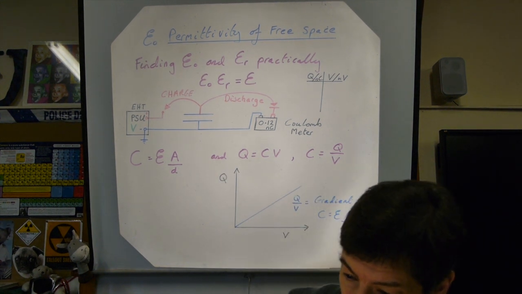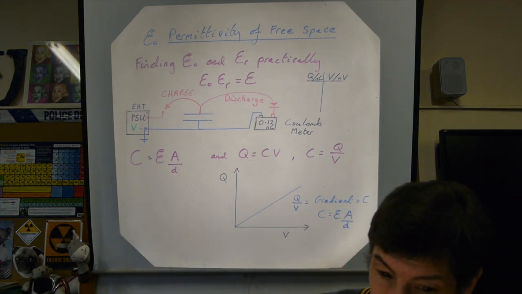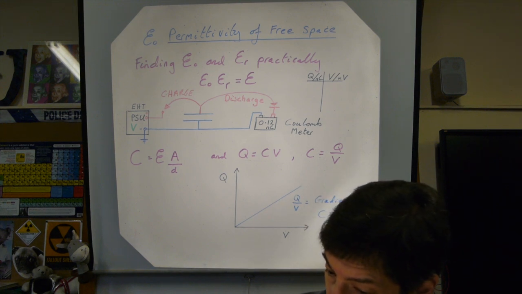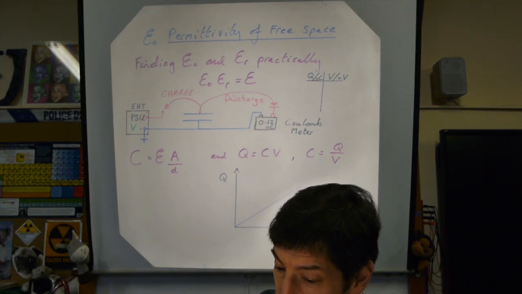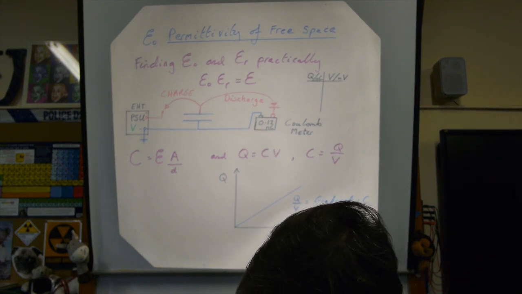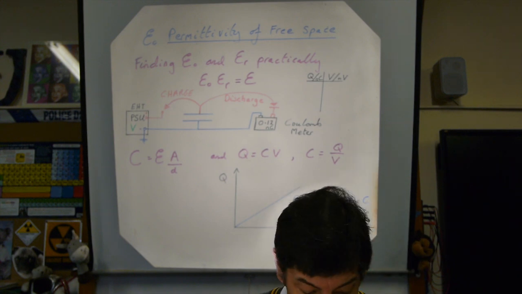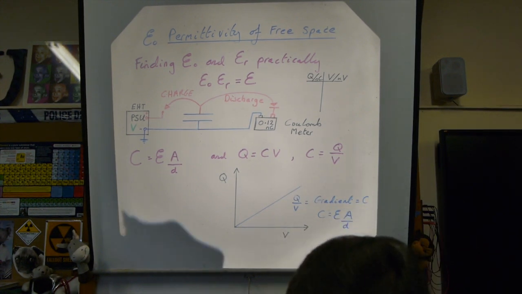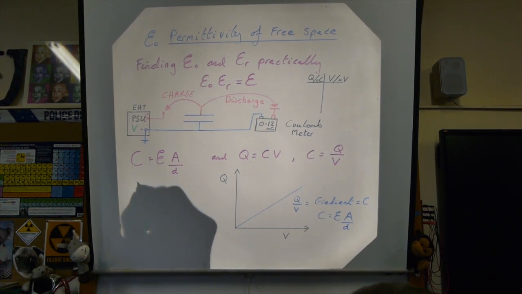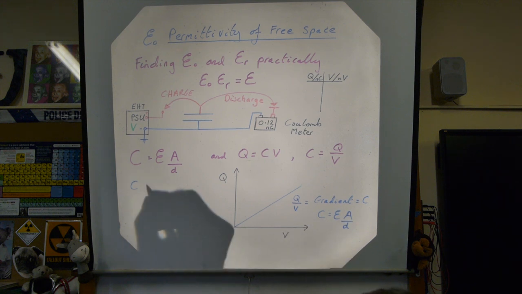So we know the capacitance is epsilon A upon D, and we know the gradient of the graph is going to be the capacitance, epsilon naught A upon D. So you calculate the gradient by drawing the biggest triangle you can.